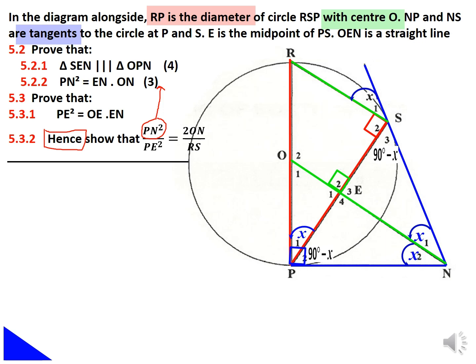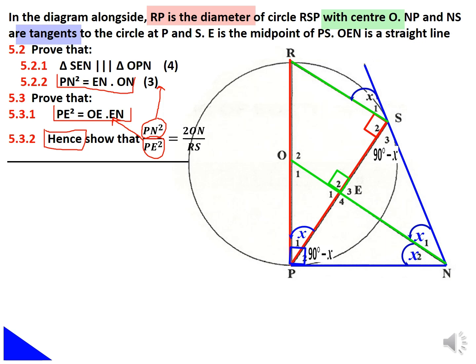So Pn squared, you can link this to number 5.2.2, where we have determined the value of Pn squared as En multiplied by On. Then the bottom part has got Pe squared. We can link Pe squared to number 5.3.2, where we established that Pe squared is equal to Oe multiplied by En.